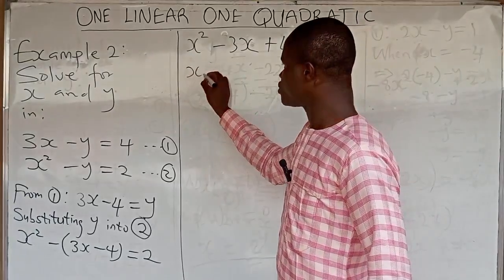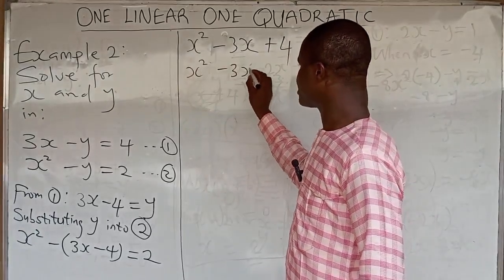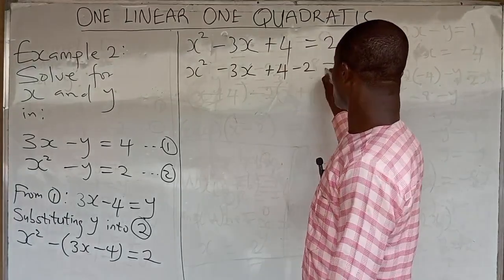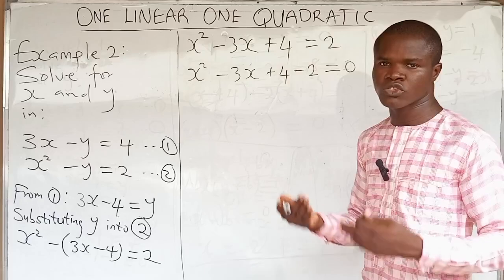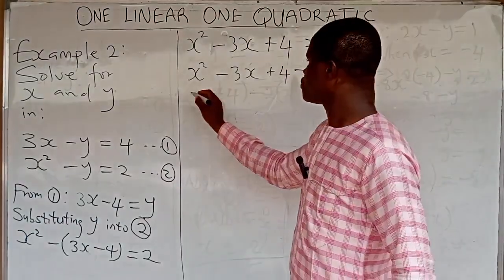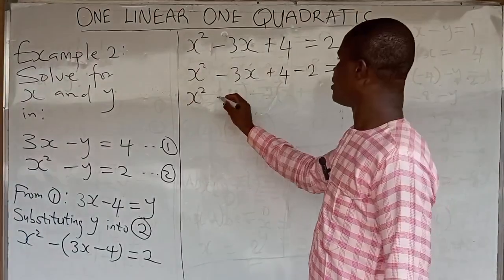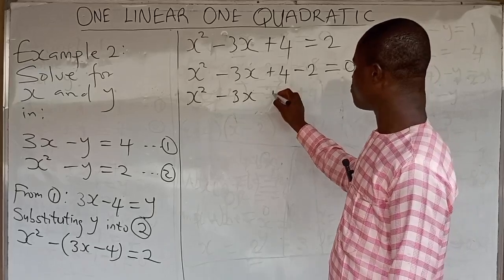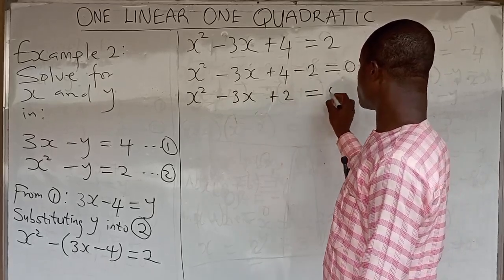So this becomes x squared minus 3x plus 4 minus 2 equal to 0. The goal is to set it to look like a quadratic equation. So this is x squared minus 3x plus 4 minus 2, which will give us plus 2, equal to 0.